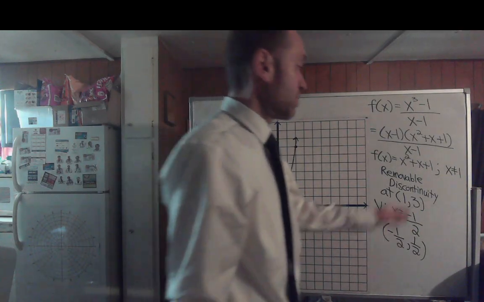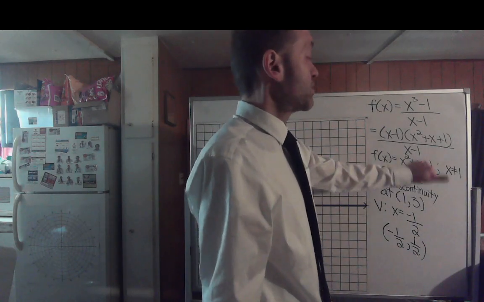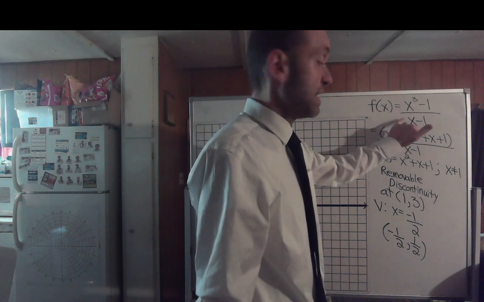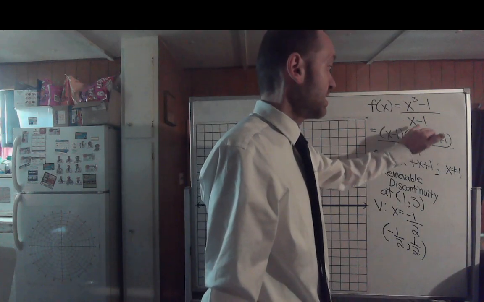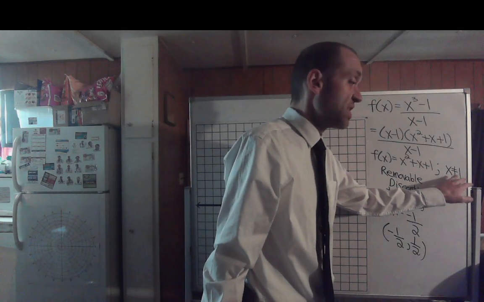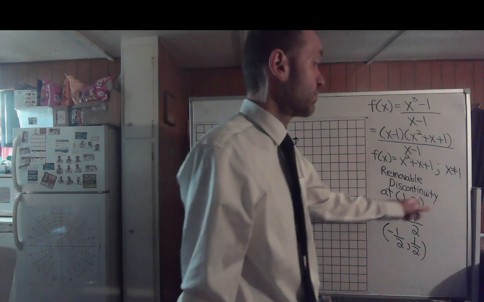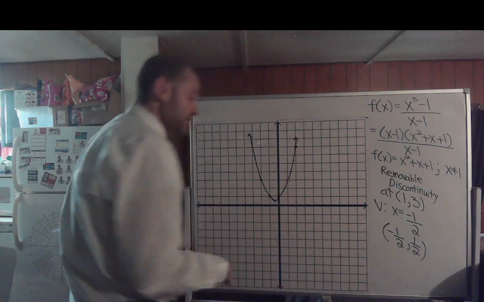So you completely factor the function, and then you go back to your original function where the denominator was 0, set your denominator equal to 0, you get the value of x where it's not defined, plug that into your new function, and you'll get the ordered pair where the removable discontinuity is.